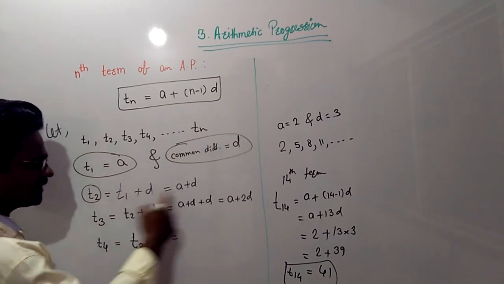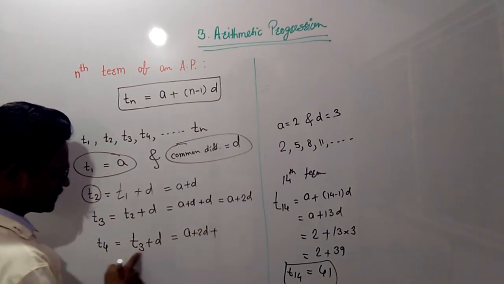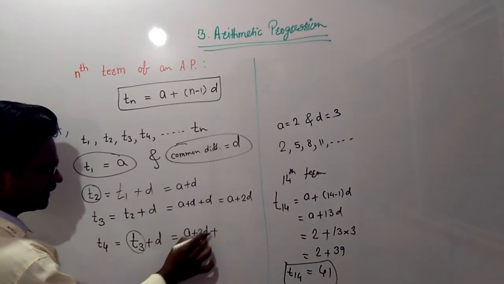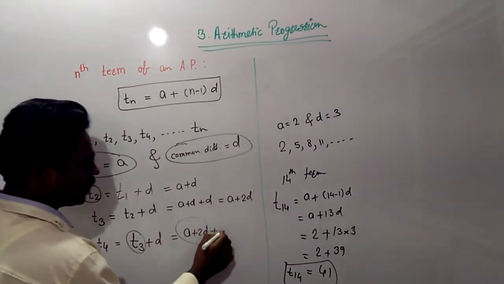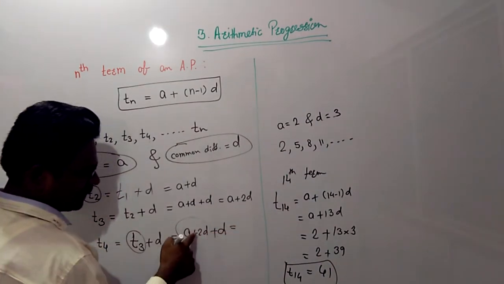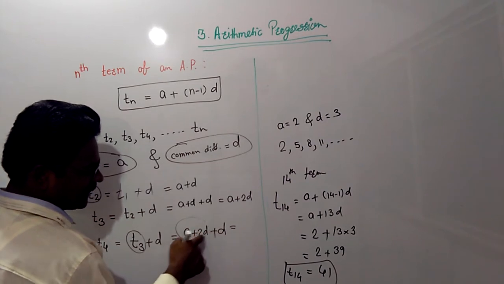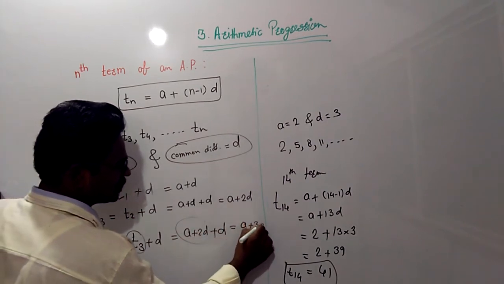So how much is T3? a plus 2d, this is the value of T3, plus d. That means a plus 2d plus d. 2d plus d will become 3d. So a plus 3d.